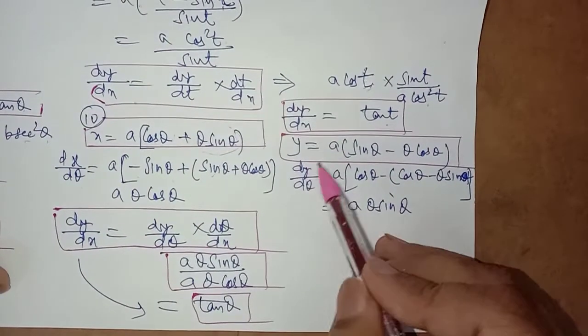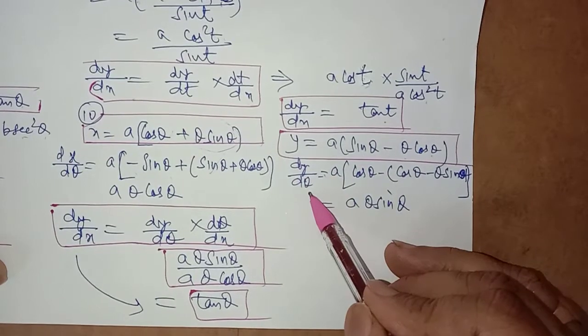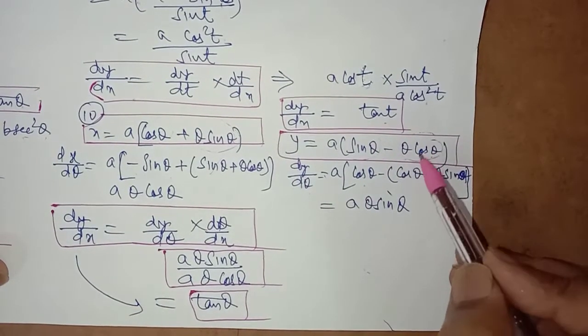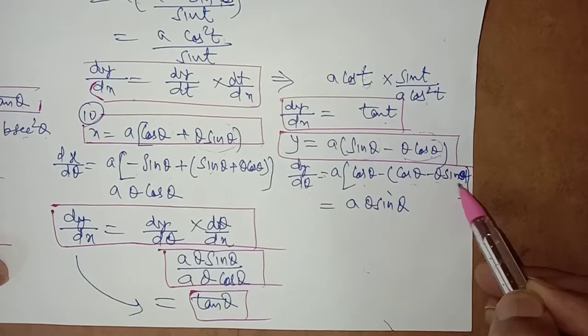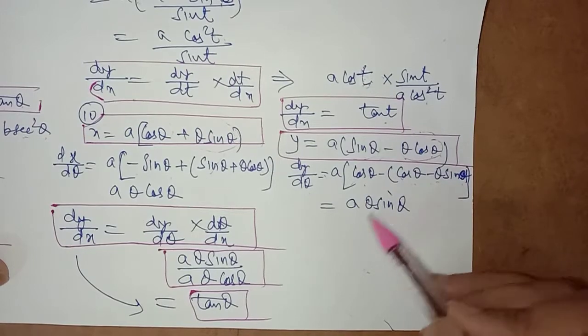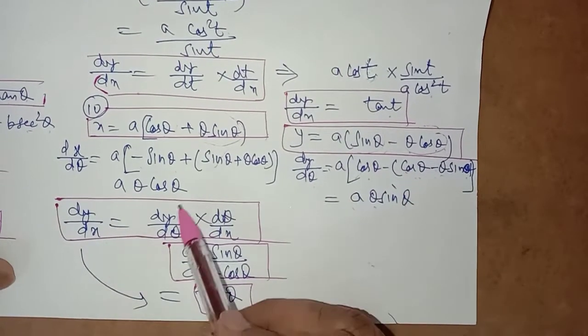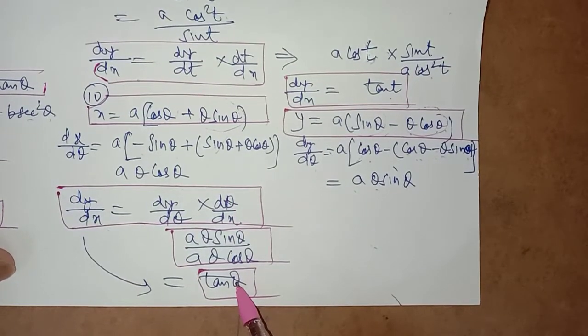Here y is a sin theta minus theta cos theta. So differentiate with respect to theta, we are getting the derivative of sin theta is cos theta. Use the product rule here to differentiate theta cos theta, which is cos theta minus theta sin theta. Cos theta will cancel out with cos theta. We are getting plus a theta sin theta. And by the chain rule, dy upon d theta into d theta upon dx, we are getting tan theta.